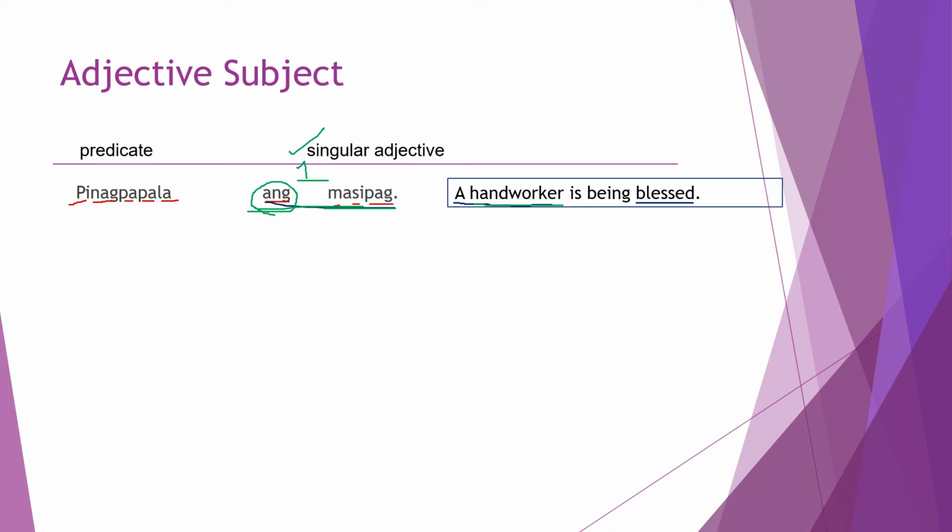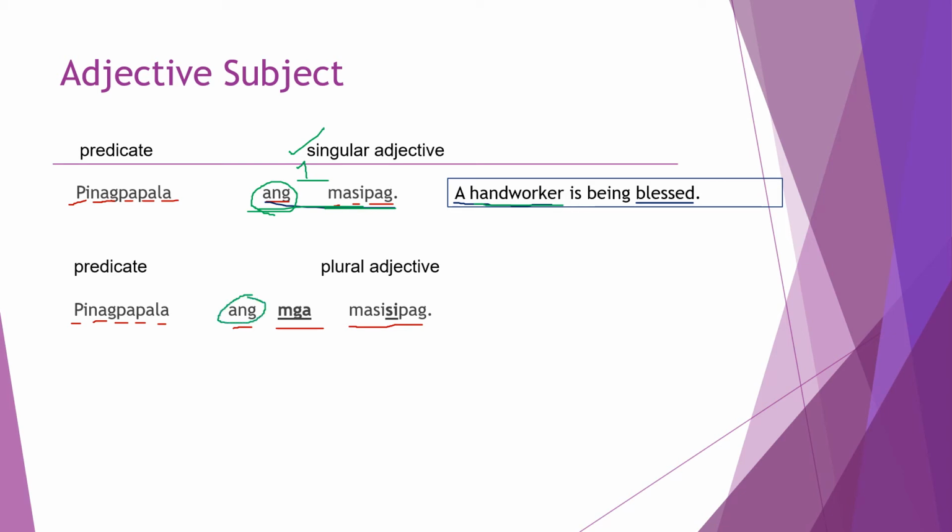Let's have an example with a plural adjective. Pinagpapala ang mga masisipag. Again, pinagpapala ang mga masisipag. As you can observe, we also have here the word ang. However, there's an additional mga.